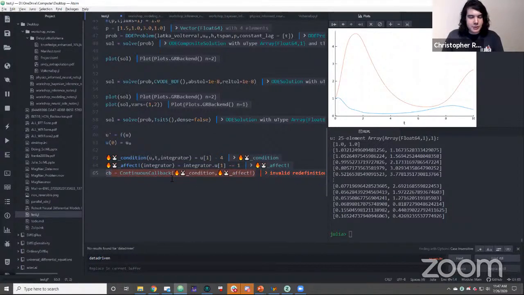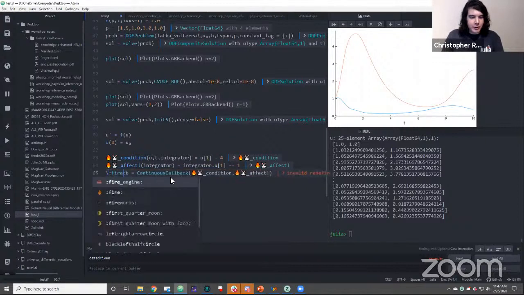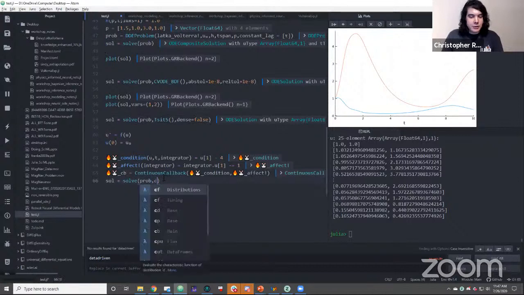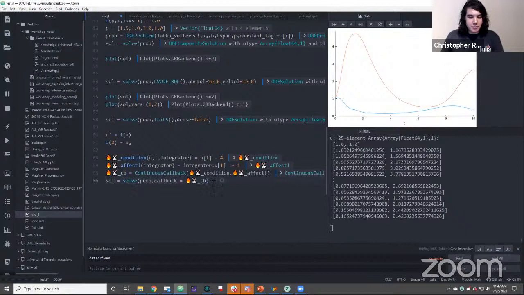So let's just call this fire rabbit callback. And then we can do this, for example, to our delay differential equation. So we can take the delay differential equation we had, and then we just say callback equals fire rabbit callback. And what it'll do is it'll solve it now with this callback to be able to perform this change.